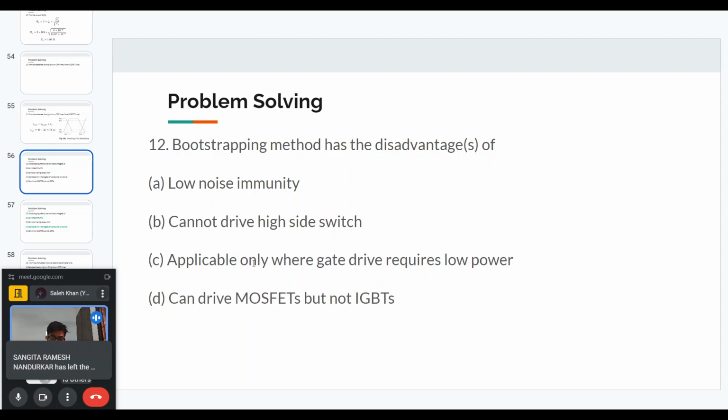The third one, it is applicable only where gate driver requires low power, and this is what we saw. Because of the capacitance value, it is limited to driving low power. And finally, in terms of MOSFET and IGBTs, it is not really relevant. It can be used for both MOSFETs and IGBTs. So B and D are not true. Only A and C are true. So the answers are A and C.